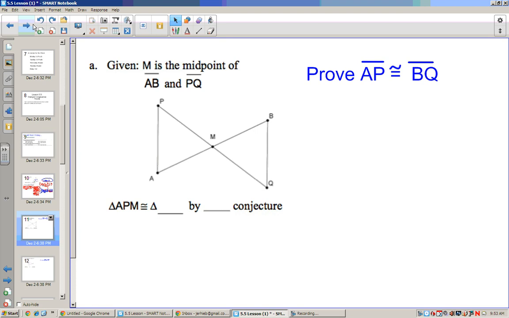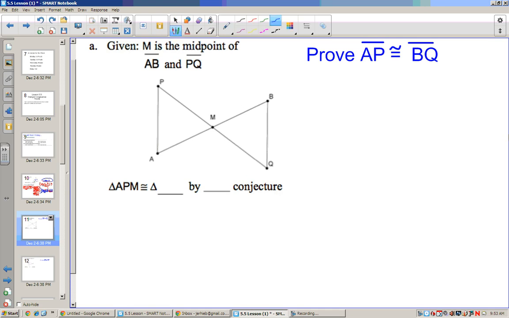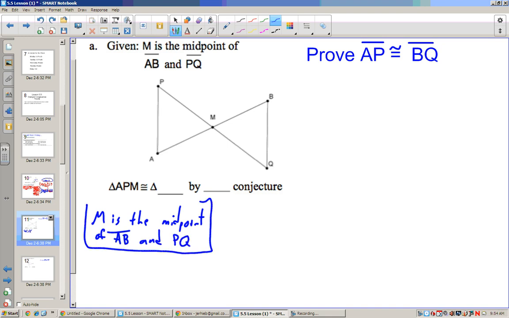All right, here is the next problem. We're given this information, and we want to prove that AP is congruent to BQ. So I'll start writing M as the midpoint of AB and PQ. And that is our given piece of information.